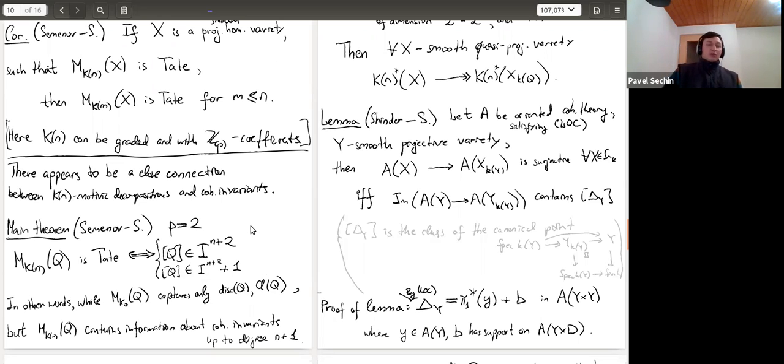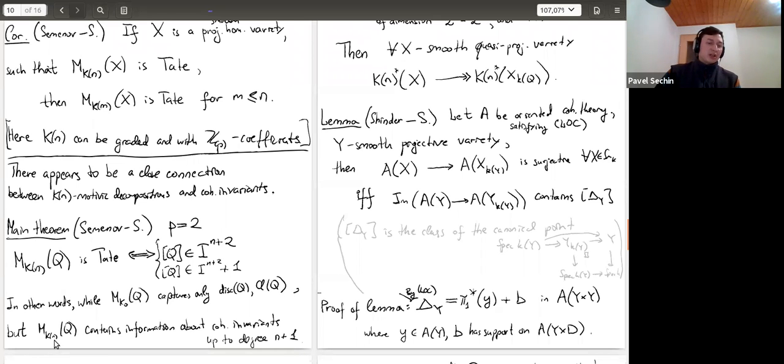So what does this theorem tell us? I already said that the K0 motive of Q, so sort of the case n equals 1, tells us that this motive captures information only about the discriminant of the quadric and its Clifford algebra.